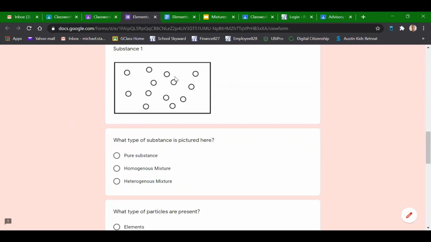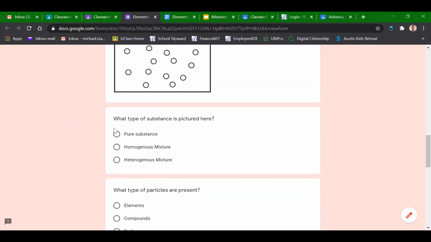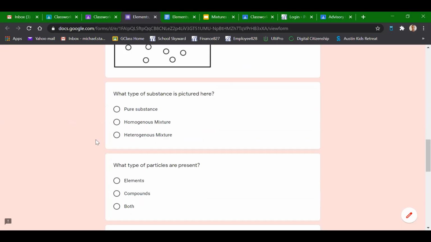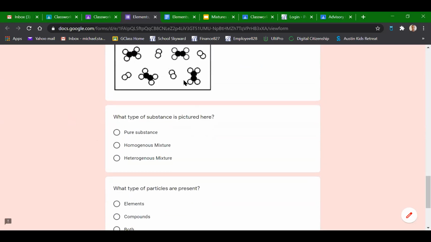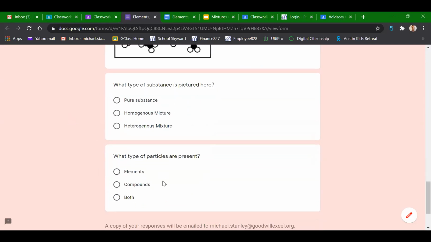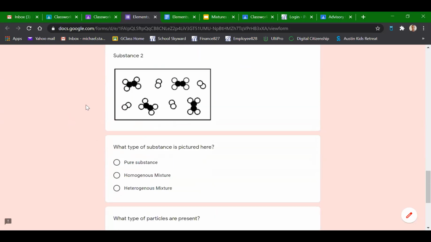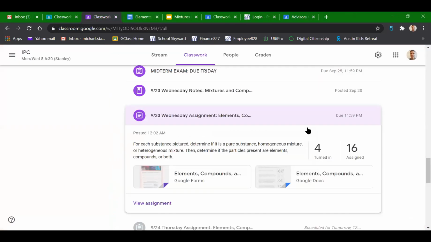So again, for each substance, determining if it is a pure substance or a homogeneous mixture or a heterogeneous mixture, and then which type of particles are present in here. Is it only elements? Is it only compounds? Or is it both of them? So that's the assignment for today.